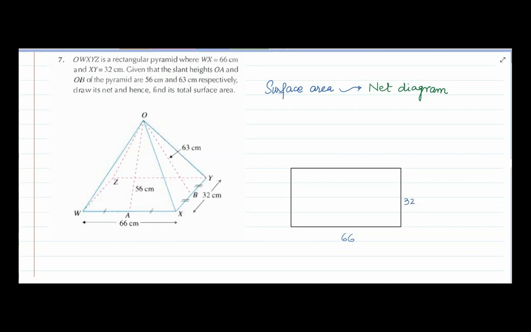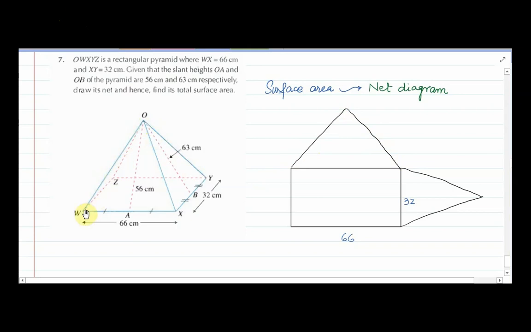Now when we open it, this triangle here will be open on the right side here, right? So we have a triangle here, right? Similarly, if you see the triangle at the back, this one OZY, when you open the pyramid, the triangle lies at the back like this one.